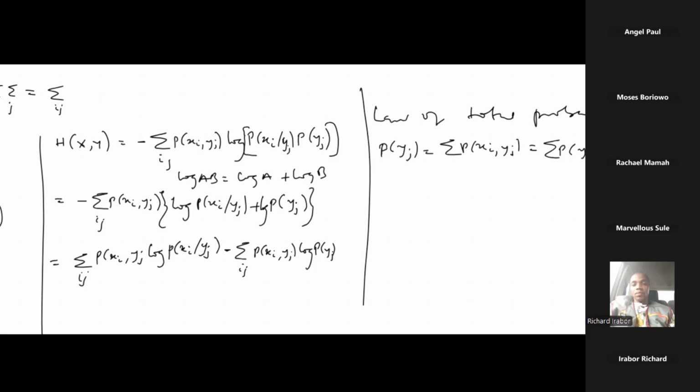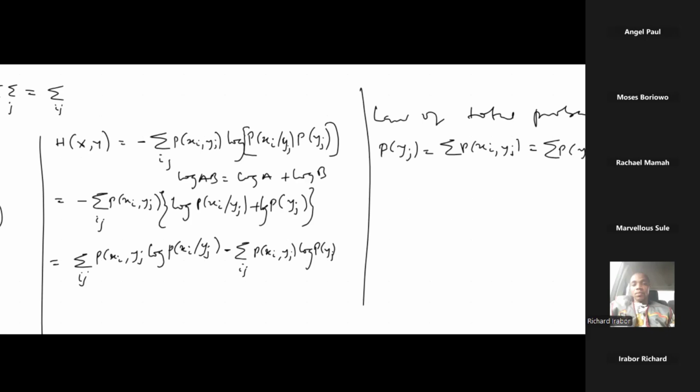So can you recap the last part? It wasn't too clear. Now, I said the law of probability tells us that this P of Yj is the same as the sum of the joint probability distribution, because the sum of the joint probability distribution is the same as 1.